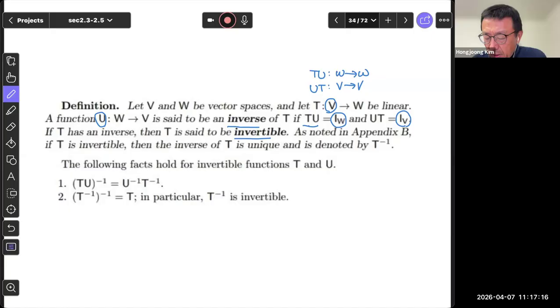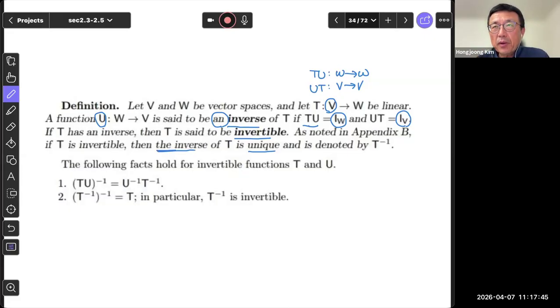Even though I said T is invertible, we can show that if T is invertible, the inverse will be unique. So people usually call it T inverse because it is unique.